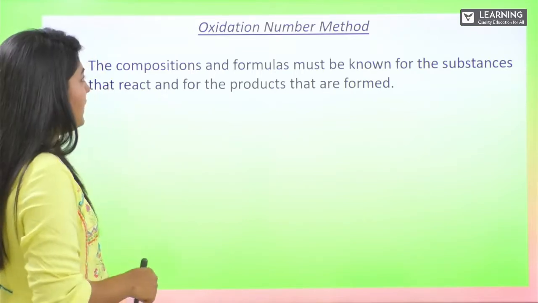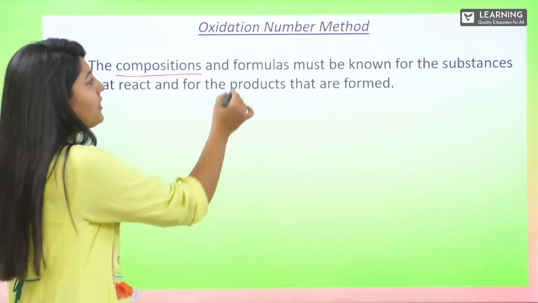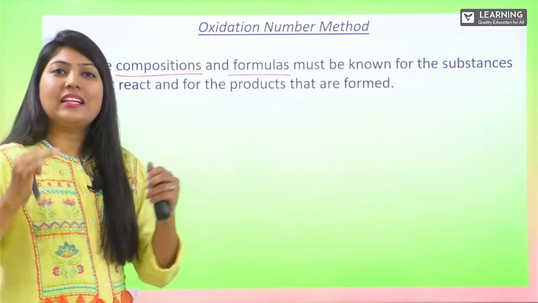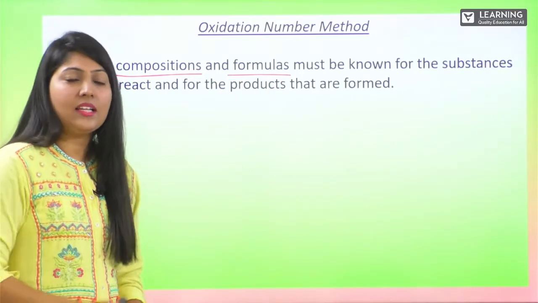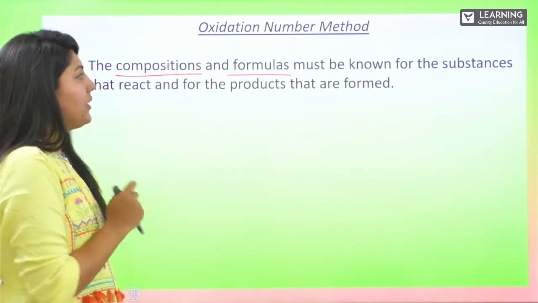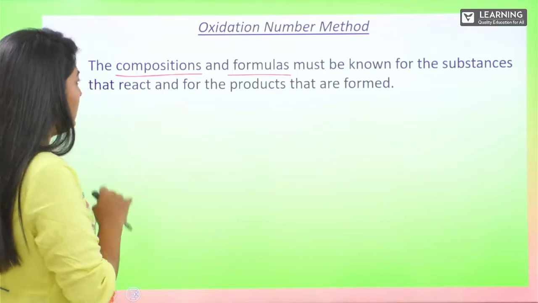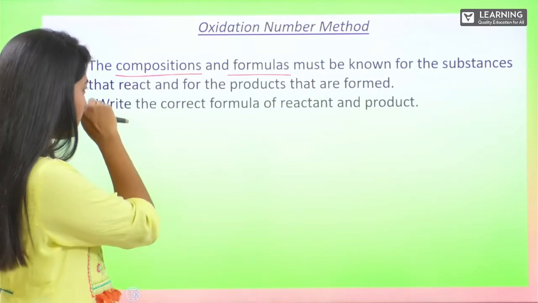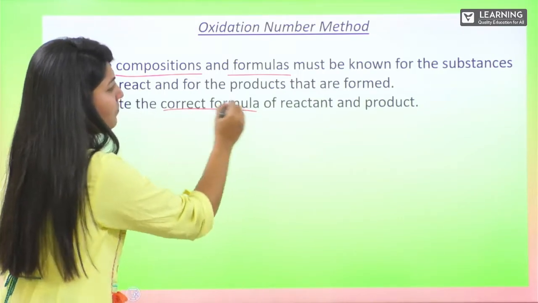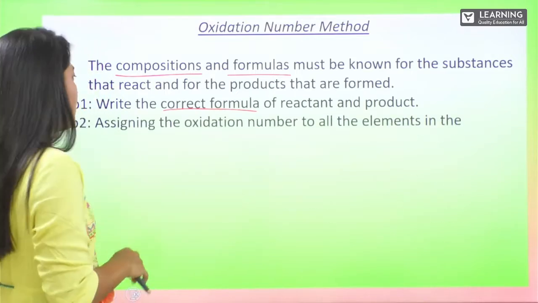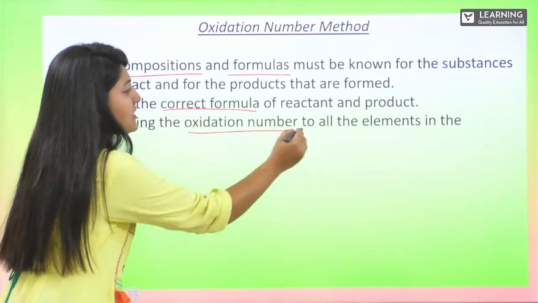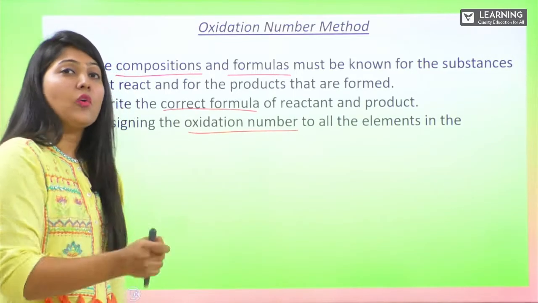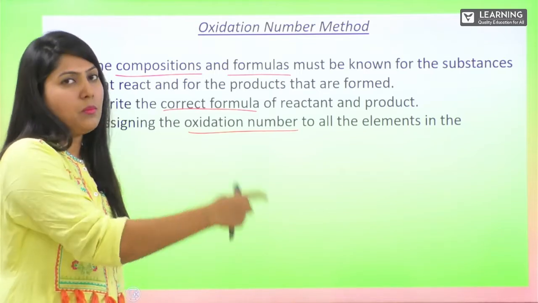In this method, the formulae of the reactants and the products should be written correctly. The next step is to assign the oxidation number of each element in each molecule.